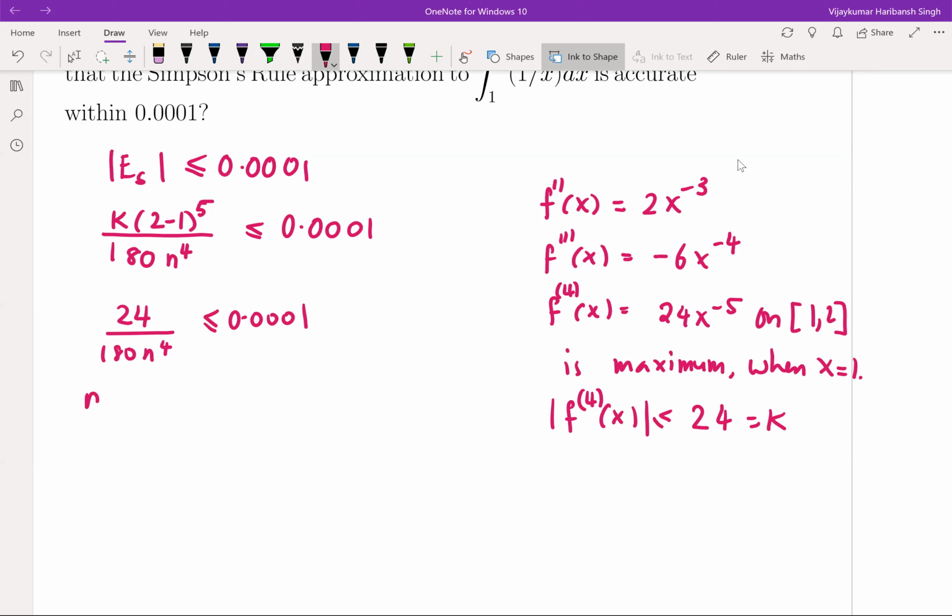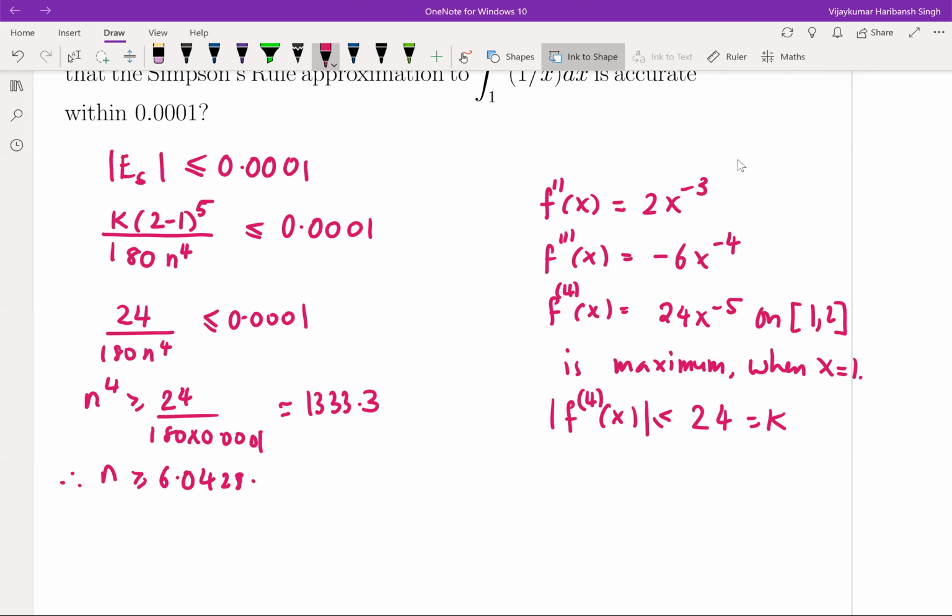So we get n to the 4 is going to be greater than 24 times 180 times 1000 roughly, which is about 4320... so therefore we get n is greater than or equal to 6.0428. Now, so n has to be greater than 6 for sure.